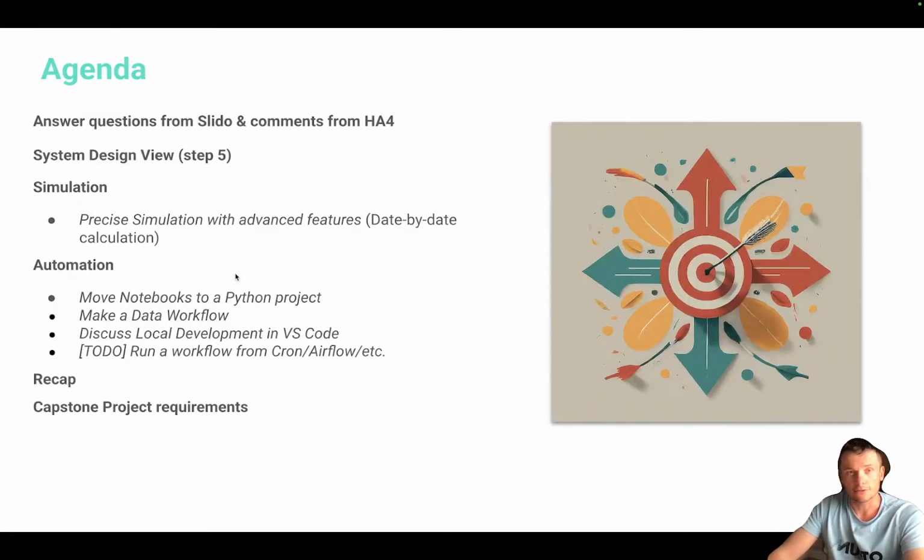The agenda for today is as follows. We'll start with the questions asked on Slido, and I'll share some comments from home assignment number 4. Then we'll proceed to the system design view and discuss step number 5 of the system that we are trying to build. But before that, we'll talk about advanced simulation.